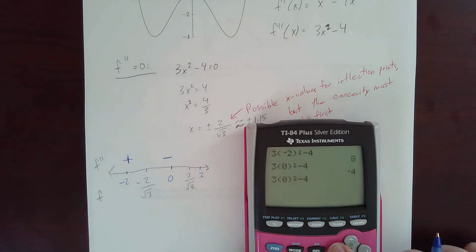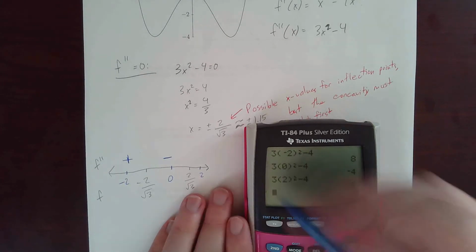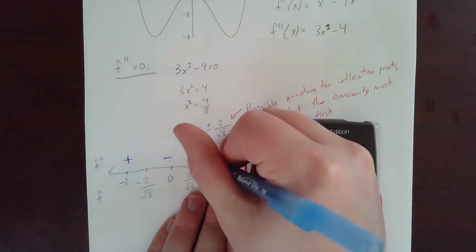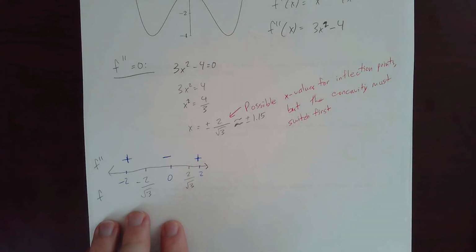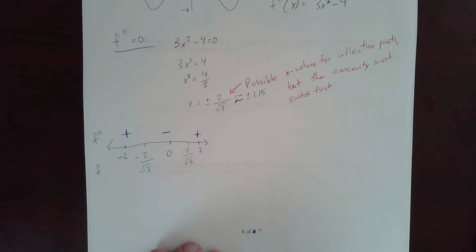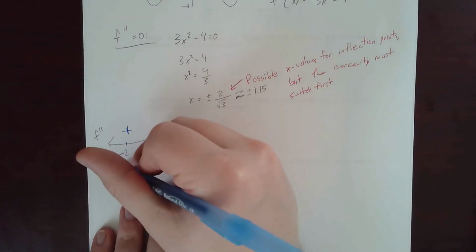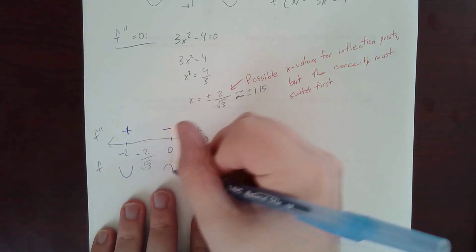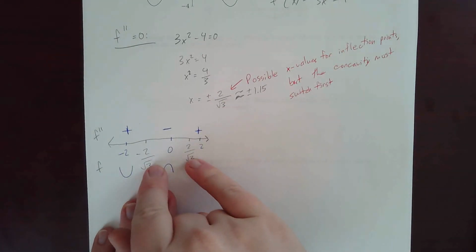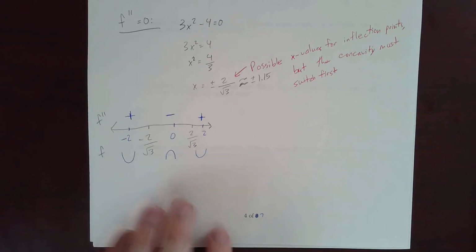And if we go ahead and plug in 2, we'll get something that is 8, which is, again, positive. So we're looking at these, trying to figure out where we are concave up and concave down, and where we're switching. So when we're positive, we're concave up, and when we're negative, we're concave down. So at both of these x values, we switch our concavity.